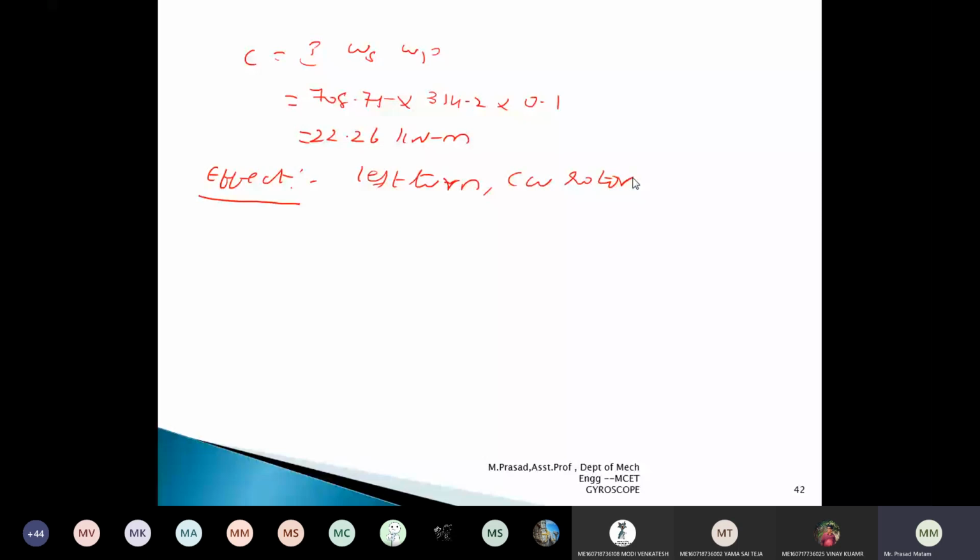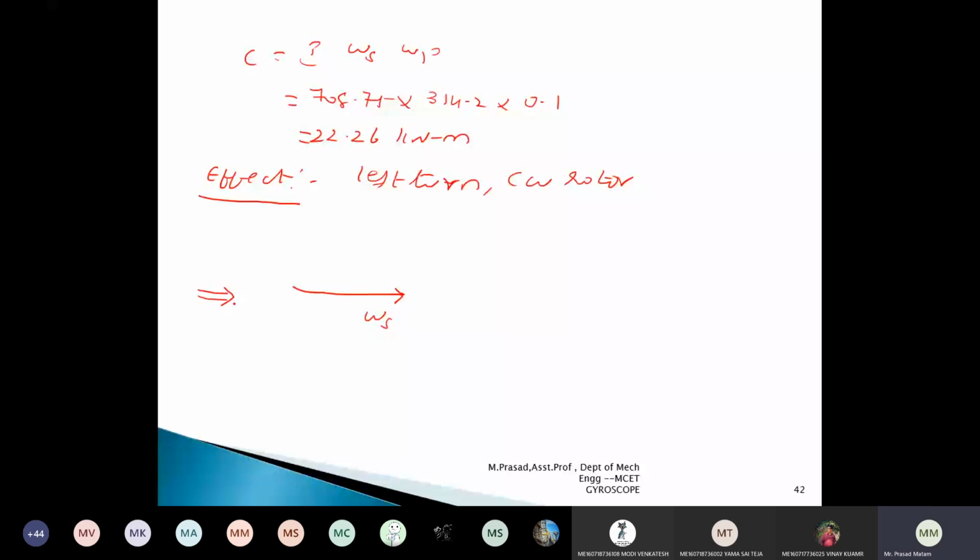How to solve this one? Clockwise rotor means how will this move? So always try to draw. This is the spin vector. So taking a left turn, what is the left turn here? Now I am seeing from the back side of the ship. This is the direction I am seeing, the back side of the ship. Okay.